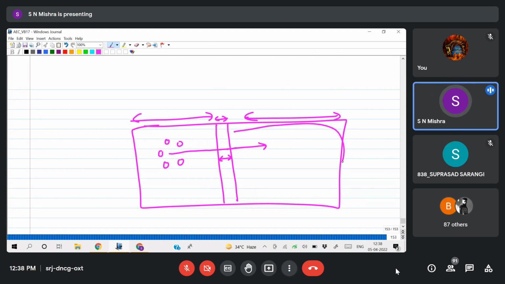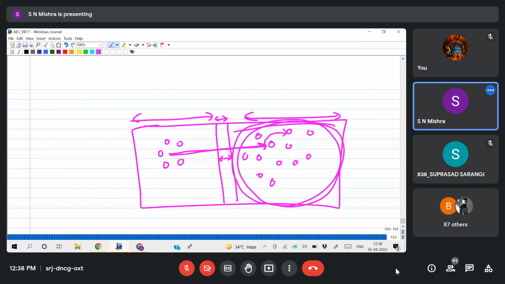If already in the collector I'll heavily dope, then this hole will come to collector and collide with the holes which are present here. Yes, sir. Now collision means what? Energy transfer will happen. When 2 holes will collide, then what will happen? The energy will transfer. So this energy or this collision will generate more heat.